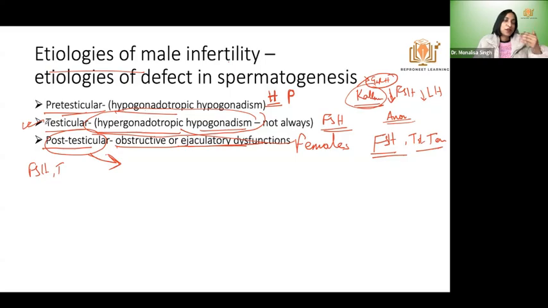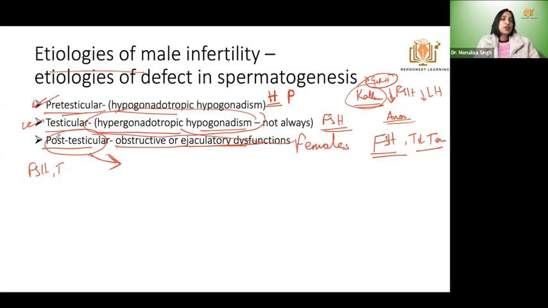Spermatogenesis is there, but the sperm are not motile. Here, hormone levels will be normal. In severe testicular failure, FSH will be high and testosterone will be low, but in early onset or recent onset testicular failure, or a lot of cases of testicular failure, FSH and LH may be in the normal ranges. Pre-testicular, the hallmark is low FSH, low LH, and low testosterone.